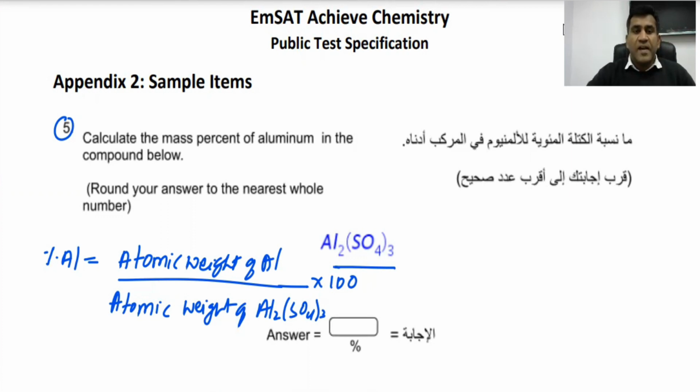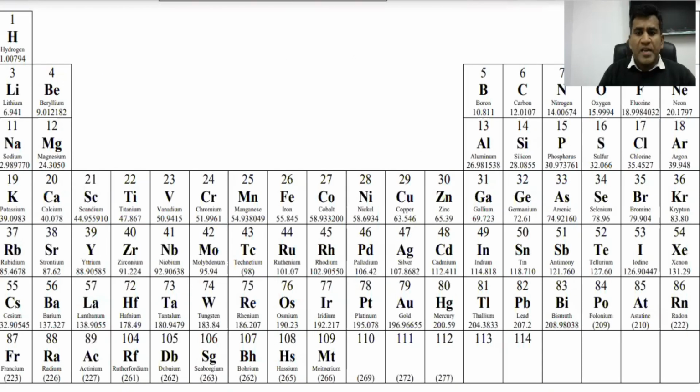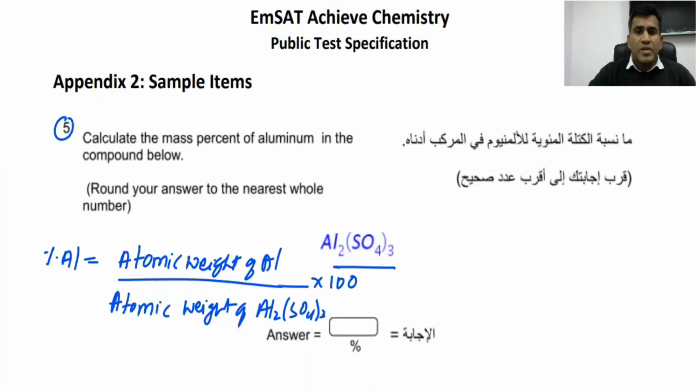So here, how do we calculate the atomic weight of aluminium? Let's refer to the periodic table. From the periodic table, what I can observe is that the atomic weight of aluminium is 26.98, and in that compound there are 2 atoms of aluminium.